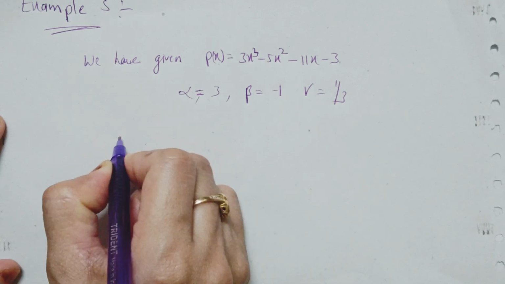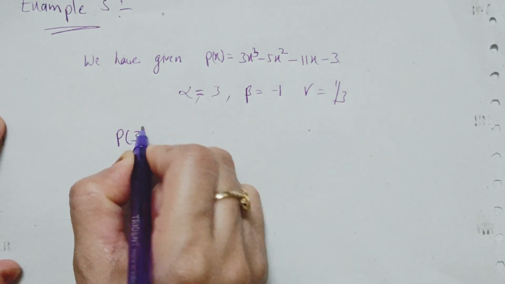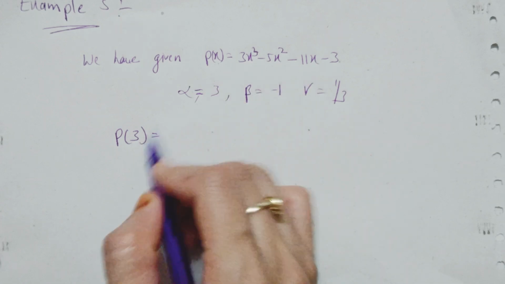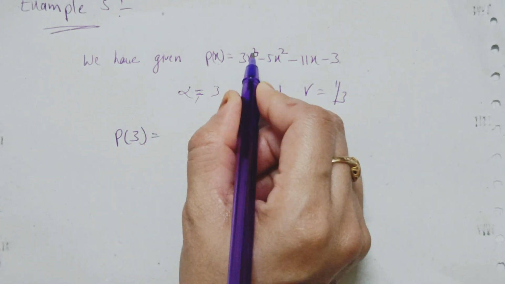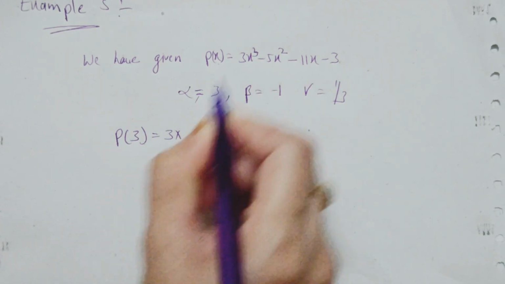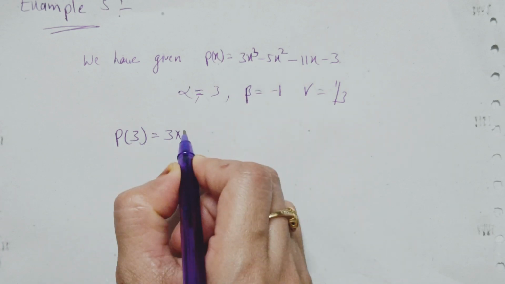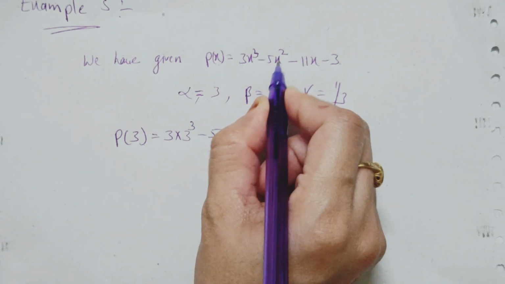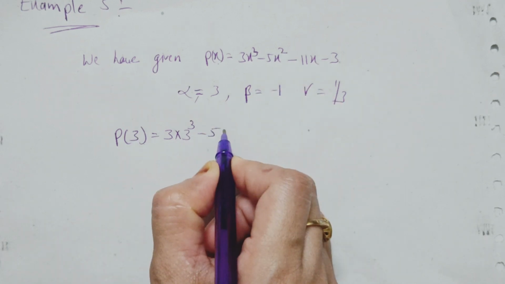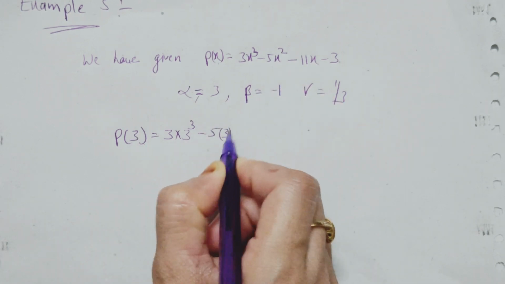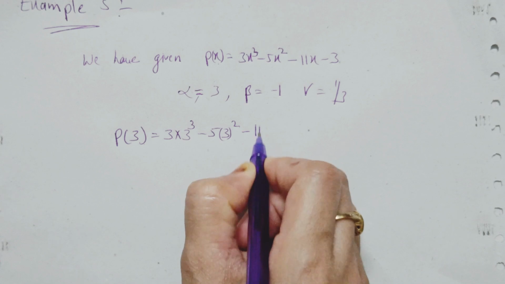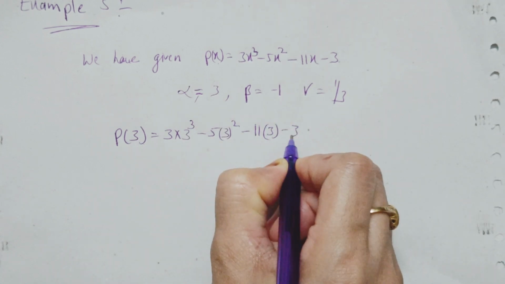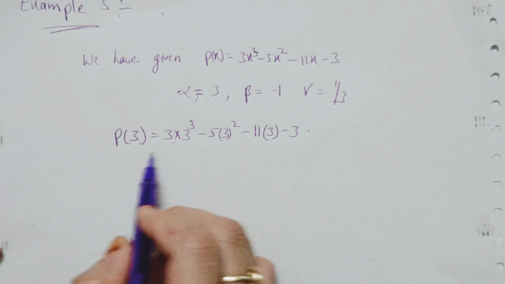Okay, let's see this. First, p of 3 equal to, in the place of x I have to substitute 3. 3 into x cube, 3 into 3 cube, then minus 5 x square, x is 3, square, minus 11 into x, 3, minus 3. Have you got this point?